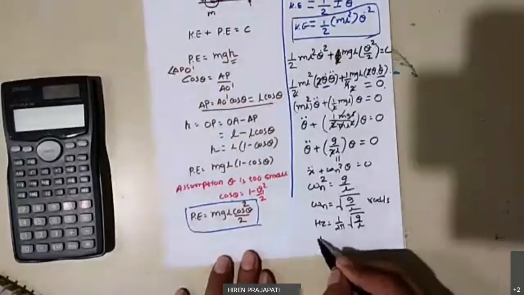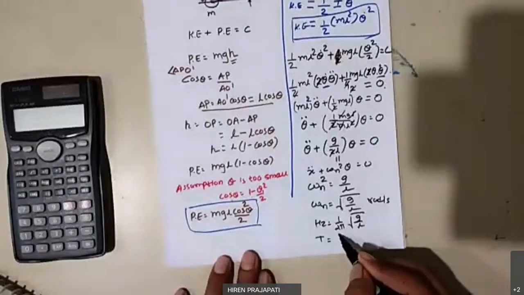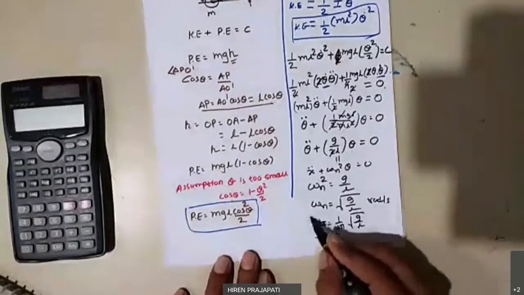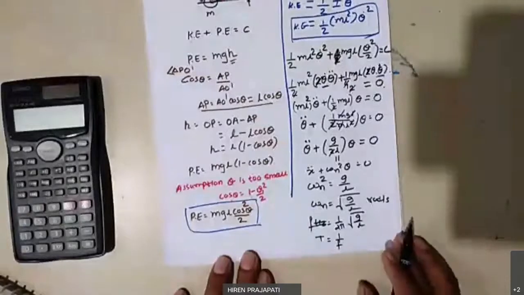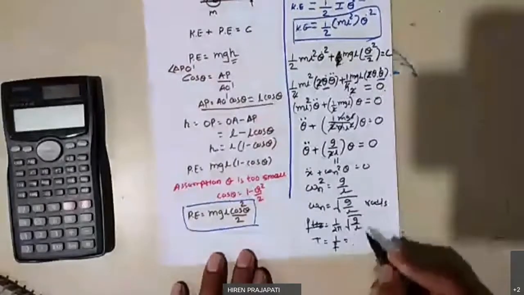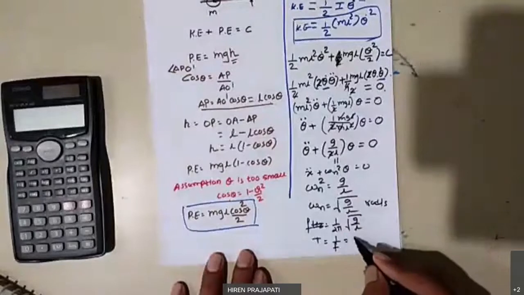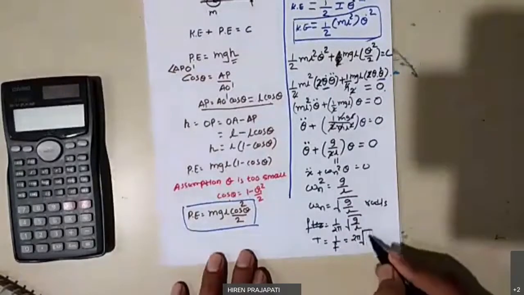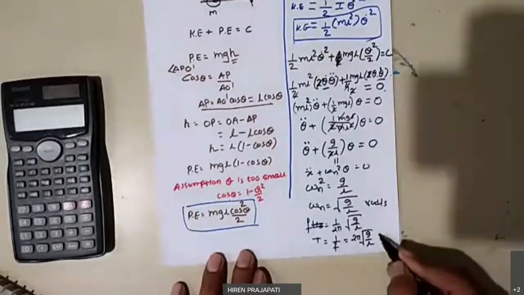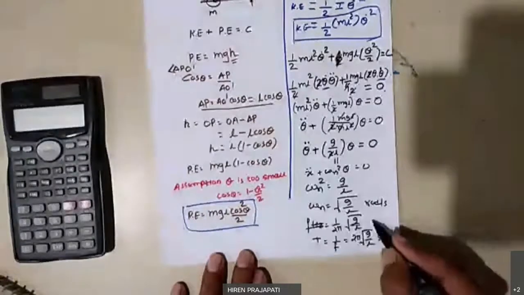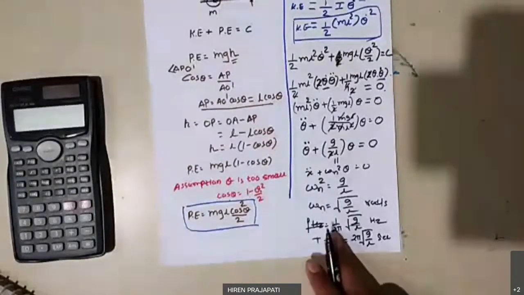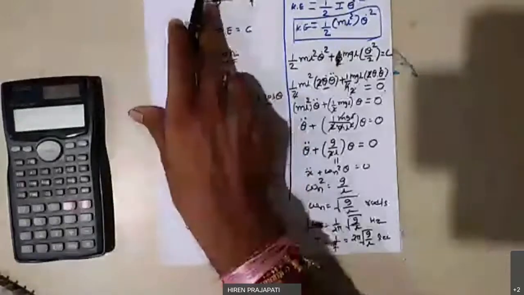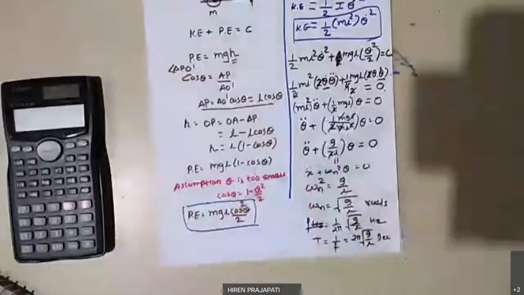If I want time period, then T is nothing but the inverse of frequency, I write here the notation f. Then time period is 1/f, the inverse of this frequency, that is 2 pi square root l by g seconds, and this frequency is in hertz, right? So this is the time period and natural frequency equation for the pendulum using the energy approach.